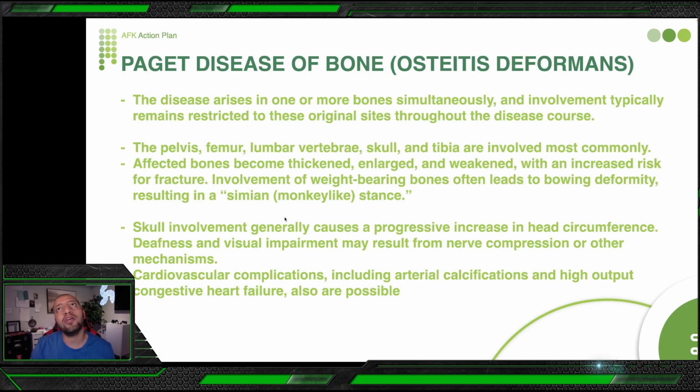So you might think, okay, osteoblast is doing an amazing job, so this bone will be stronger. Why does it have an increased risk of fracture? Because the bone remodeling is not uniform. That's why you have the cotton wool appearance. In some foci, it's depositing more bone, and when you deposit more bone, other regions will be weak areas.